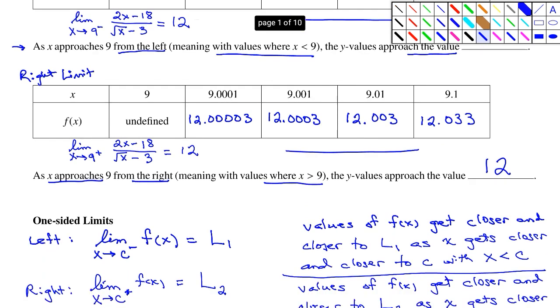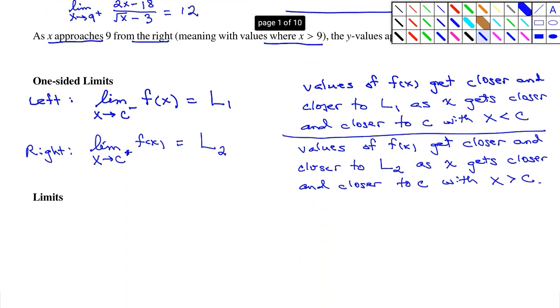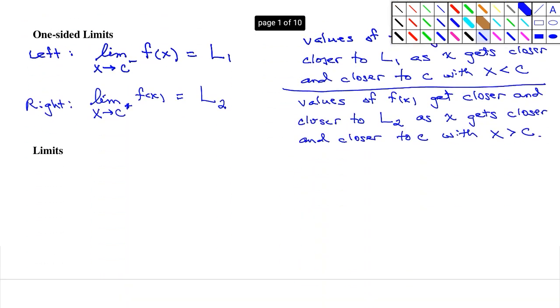Now, in the case where the two one-sided limits are the same value, that produces the whole limit. The two-sided limit, the whole limit, or just the limit.